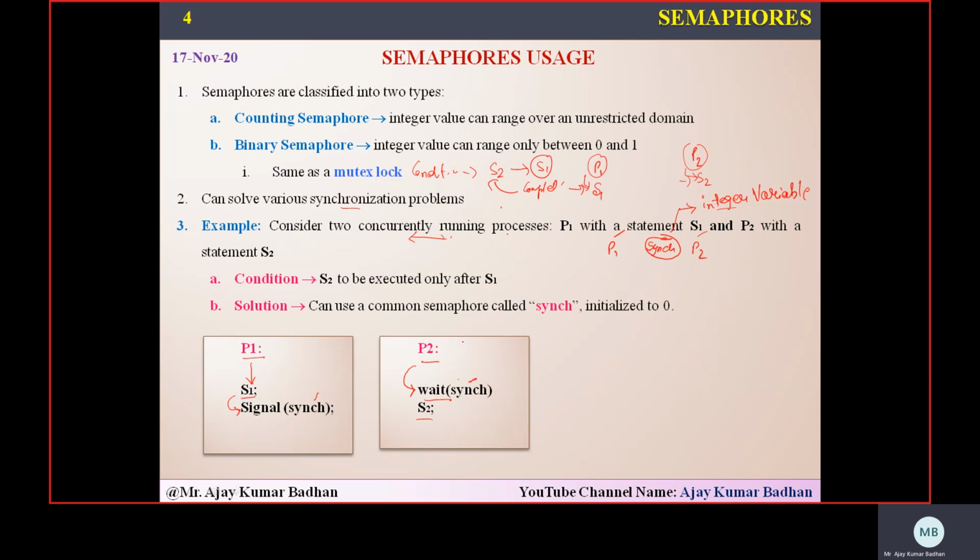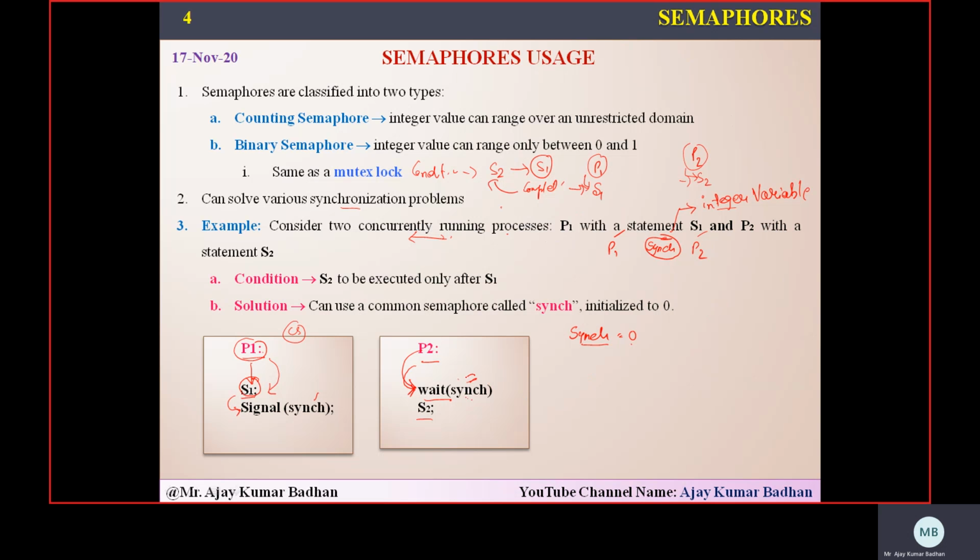Now what will happen here? Initially, the value of sync is 0. Why? Because P1 is already allocated that critical section and is executing this statement. So the value of this semaphore is 0. P1 is executing S1, P2 wanted to execute, so he called the wait operation with semaphore sync.